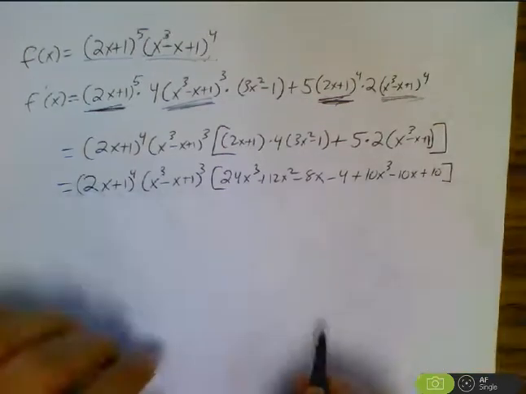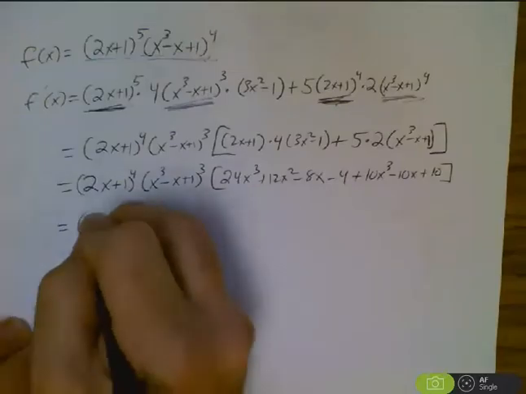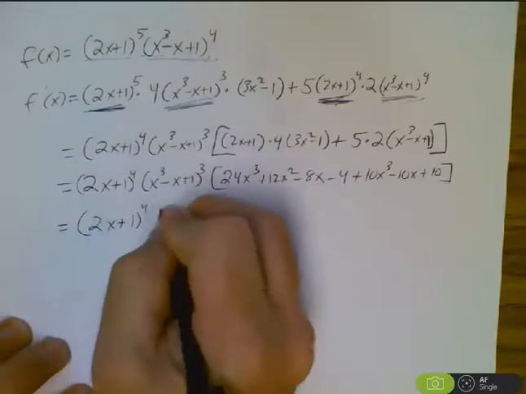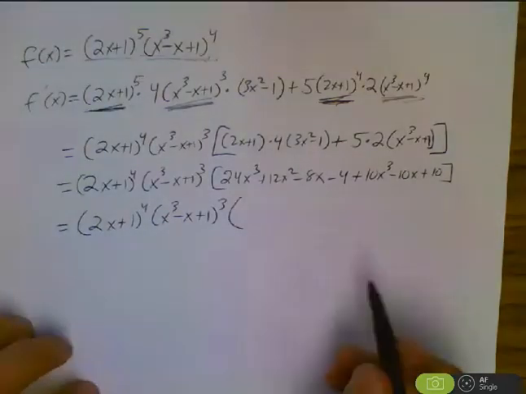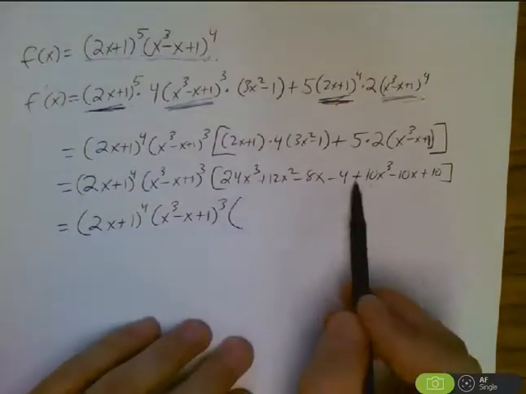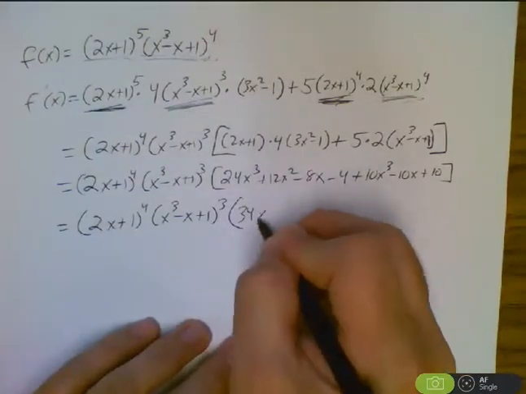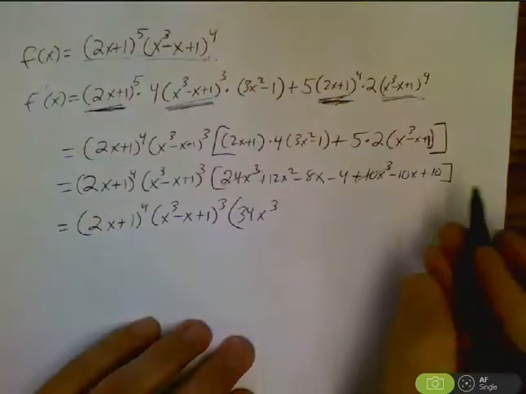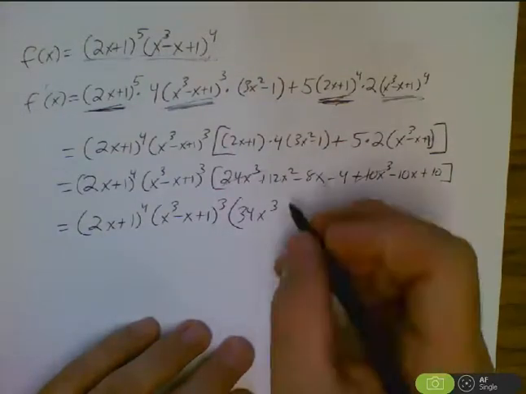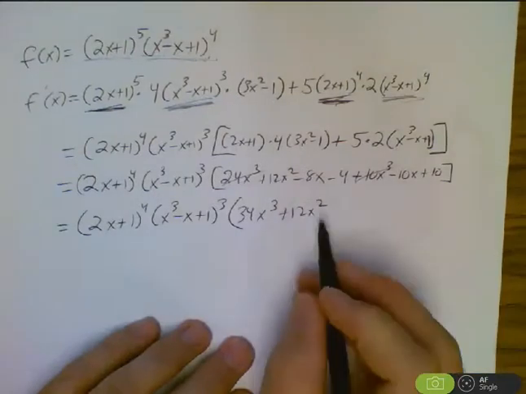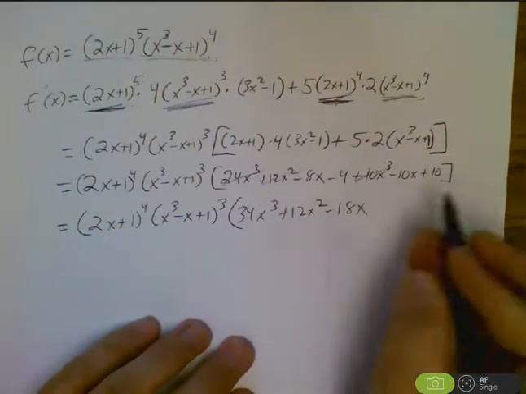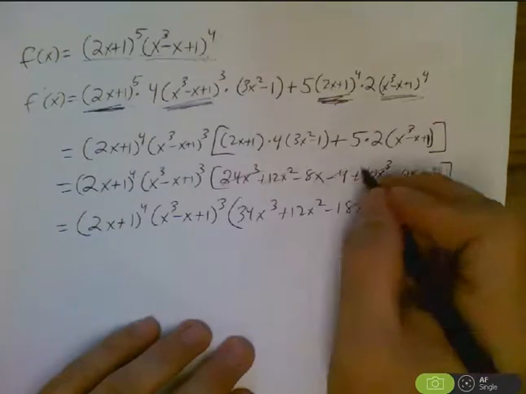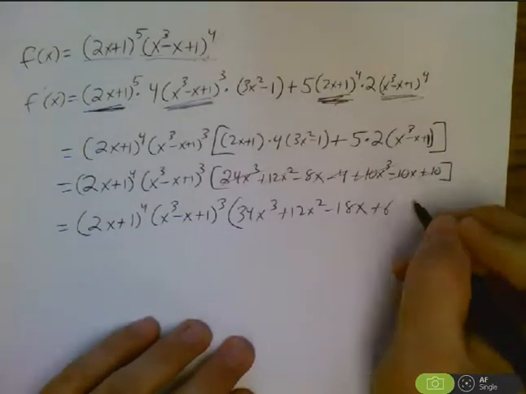I hope that's right. We'll see in a second. Let's clean that up one more step. x cubed minus x plus 1. What do we got left inside? 24x cubed plus 10x cubed is 34x cubed. That takes care of those. 12x squared, I don't see any others. Negative 8x minus 10x is negative 18x. And negative 4 plus 10 is 6.